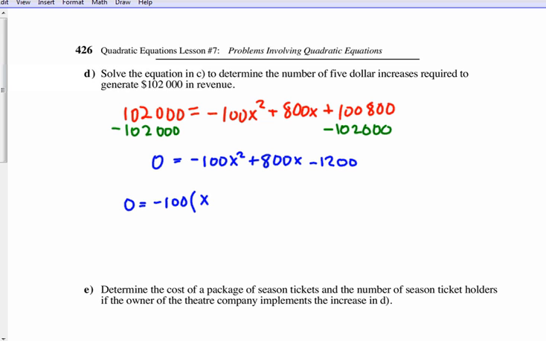Just 1x squared. What's 800 divided by negative 100? We're factoring negative 8x, right? So you could also write divided by negative 100, divided by negative 100, divided by negative 100. And what's negative 1200 divided by negative 100? Plus 12. Is that guy easy to factor? Yeah, two numbers that multiply to 12 add to negative 8.